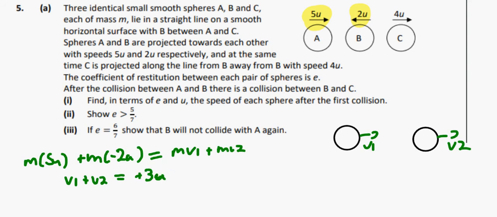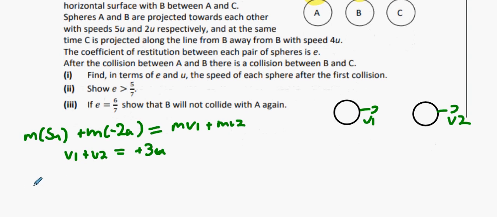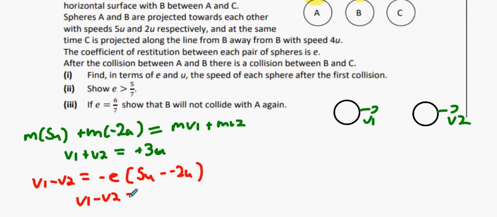Then we're going to go for NEL, and we're going to get V1 minus V2 equals minus E times (5U minus minus 2U). So V1 minus V2 equals minus 7EU.